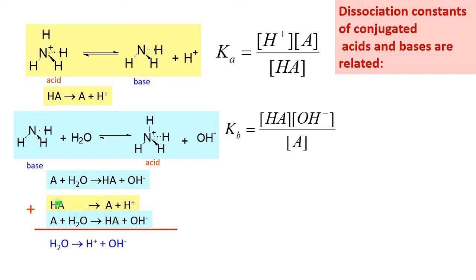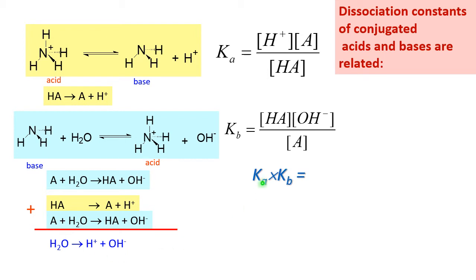HA at the left side, HA at the right side, A at the right side, A at the left side. So we have H2O dissociates into H plus and OH minus. Now, this is familiar: self-ionization or auto-ionization of water. And we know this constant, it's Kw.